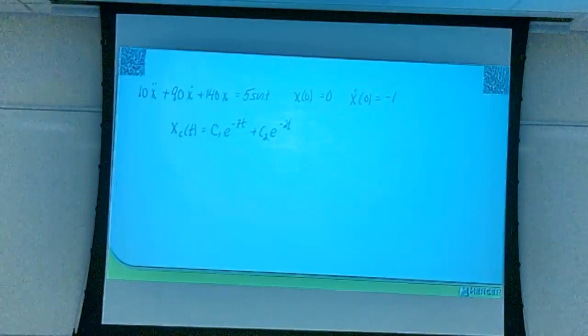We already know the complementary. Right, we did that already, no need to redo it. Now I have to find the particular. How do you want to find the particular?